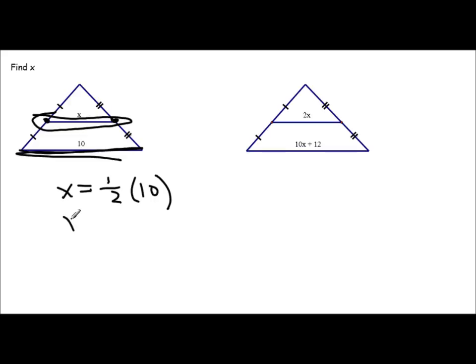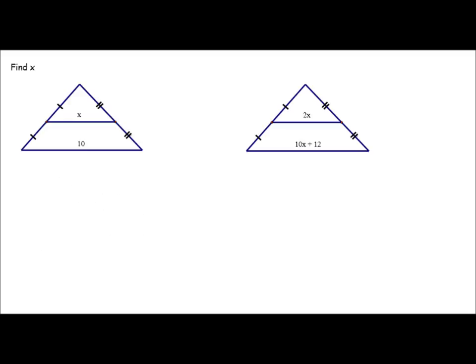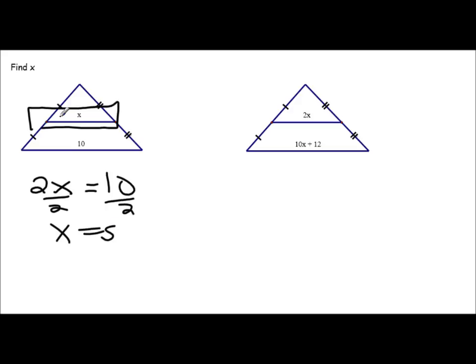So the smaller segment is half of 10, 5. Or the other way you can do it is you can say that 2 of these midsegments is equivalent to one of the bigger segments. So once again, dividing by 2, we get x is 5, because it takes 2 5s to make up 10.